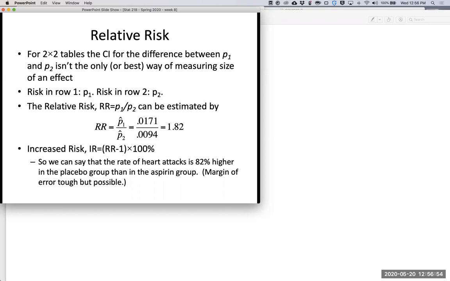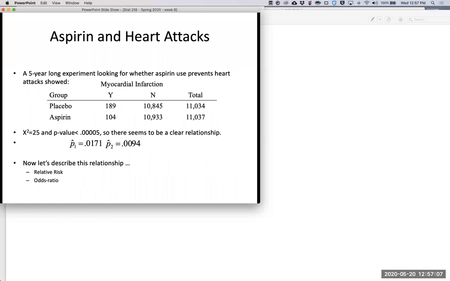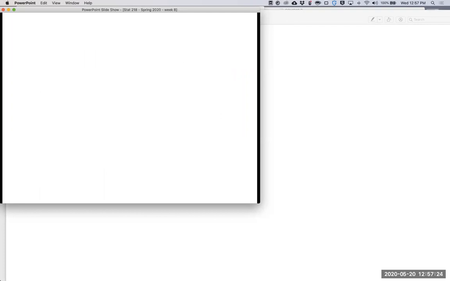Now, in our table here, I usually have the rows corresponding to the explanatory variable. So for example, are you taking aspirin or are you taking the placebo? That is the explanatory variable, and the column is corresponding to whether you have a heart attack. And I usually put the column which describes the outcome of interest to me on the left side.